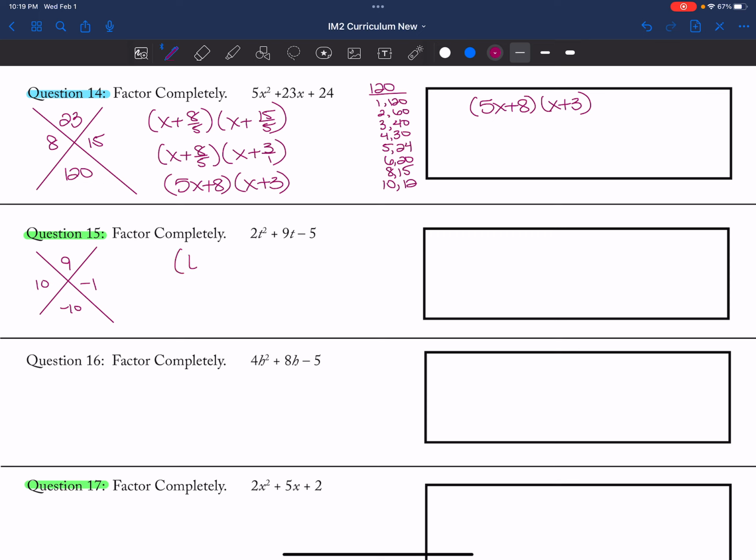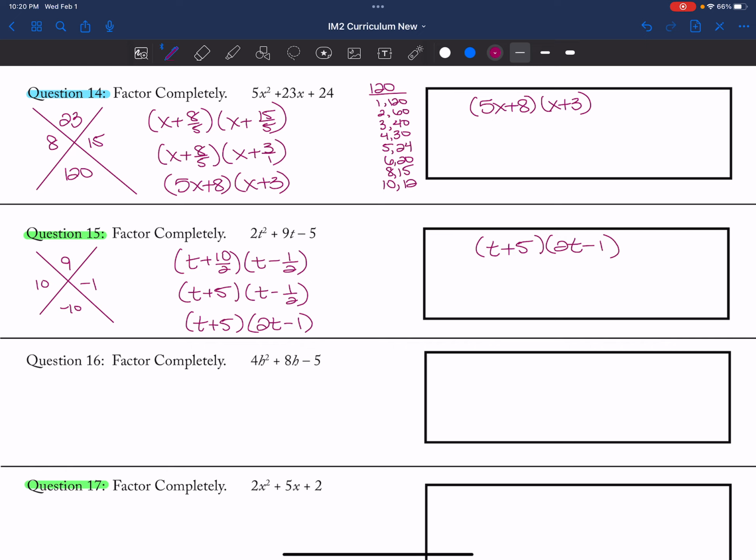So I have a t plus 10 over 2 and a t minus 1 over 2. So then I have a t plus 5 and a t minus 1/2. So then I have a t plus 5 and a 2t minus 1.